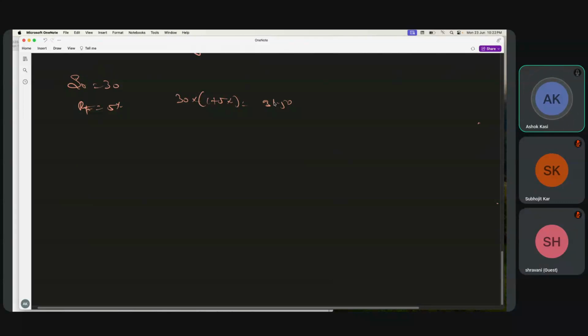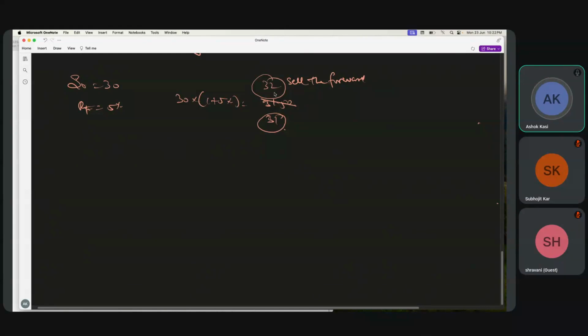But if it is not trading correctly, if it is 32 or 31, then there is an arbitrage opportunity. If it is 32, then you should sell forward contract. If it is 31, then we should buy the forward contract. Here, sell the forward.